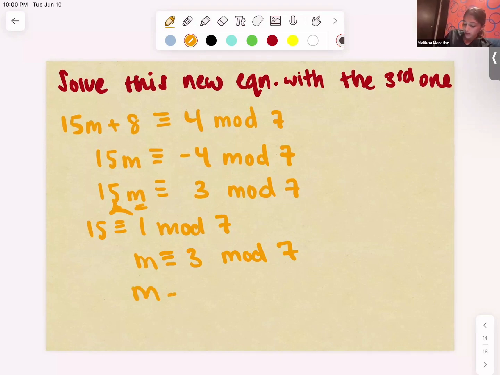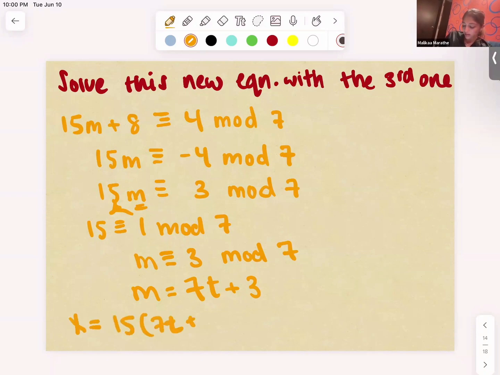So that means m can be written as 7 times a new variable. Now we're going to introduce yet a new variable, so let's call it t, plus 3. Okay? And now we can just plug this back into our 15m plus 8. So that would be x equals 15 times (7t plus 3) plus 8.